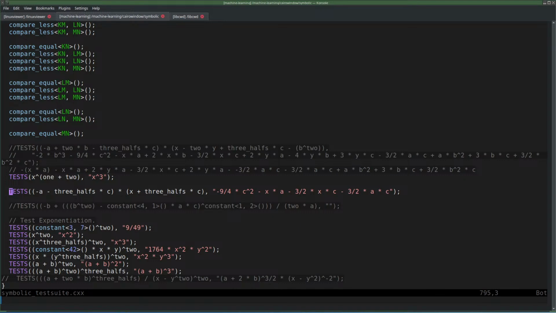Okay, in that case, I'm going to add 2 times b here. No, the first thing is already the same. That should give us 2b times this as extra terms.